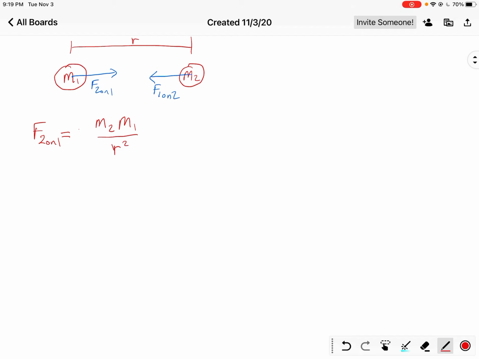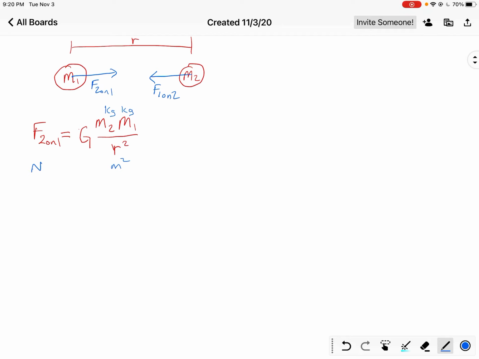So there is a constant that sits out in front here that sets the size of the force. Over on this side of the equation, we have mass in kilograms, we have another mass in kilograms, and we have meters squared in the denominator. And over here we have newtons on this side of the equation.